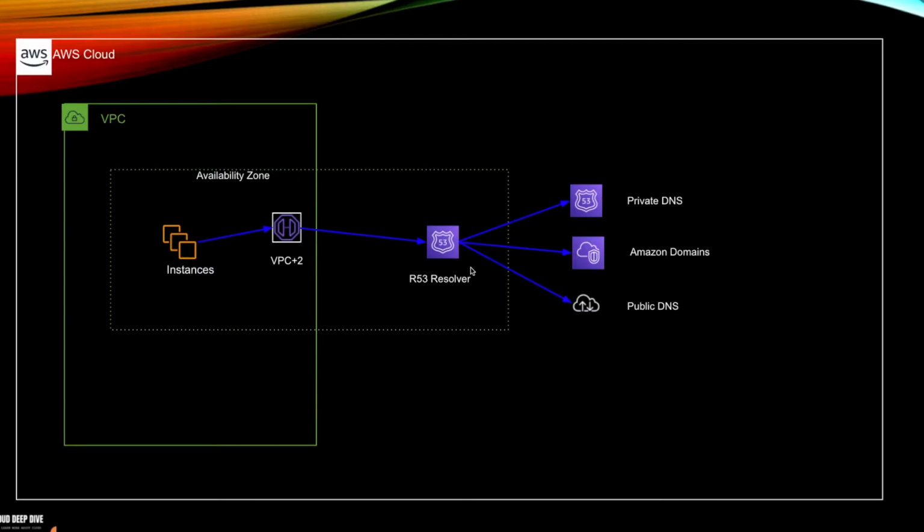But one thing to note is that whatever queries are being made outside are not filtered or monitored by your security group or your NACL or anything. It's just connecting to the internet, trying to find the IP address and giving it back to your instances. So there is a security concern because all these DNS queries are made.